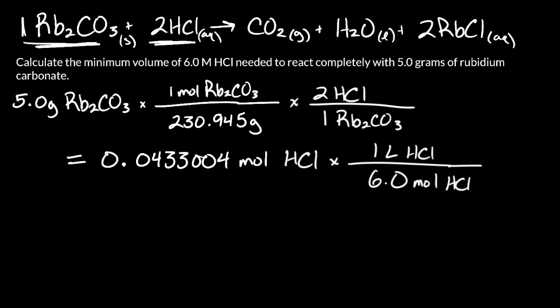So molar, or that big M, is moles over liters. And so I'm just going to flip that over so that my units cancel out there. And that'll get me liters of HCl.